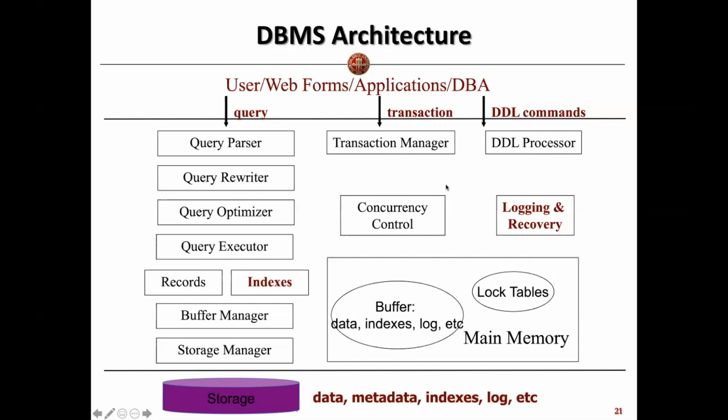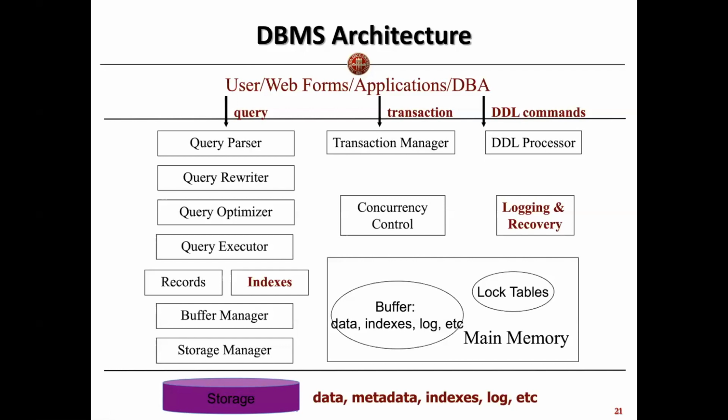Besides these kinds of functional components for handling different kinds of inputs from the users, inside the DBMS we also have one concurrency control component and one logging recovery component. These kinds of components can be very important to handling multiple user access as well as system failures or crashes.